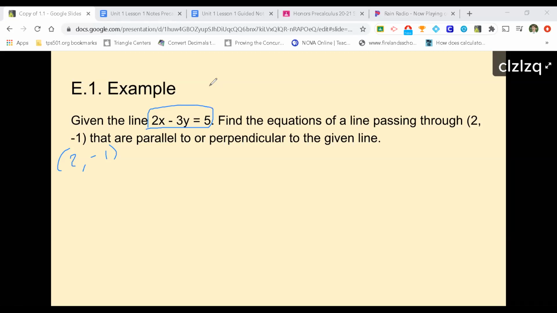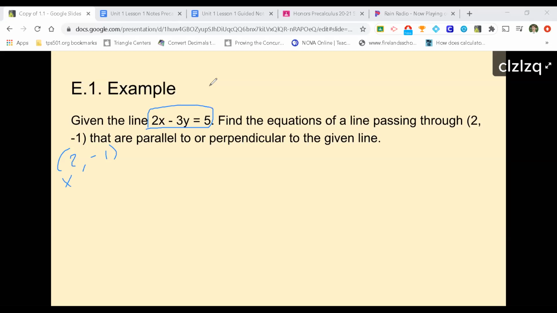Okay, so in order to write the equation of a line, you need 2 things. What are the 2 things you need to write the equation of a line? Slope and a point. All right, so if I need to write the equation of a line, I need slope and a point. Look at this.